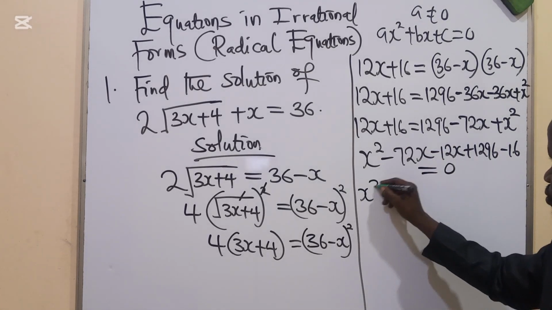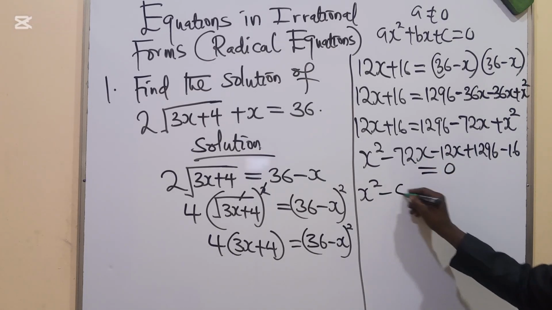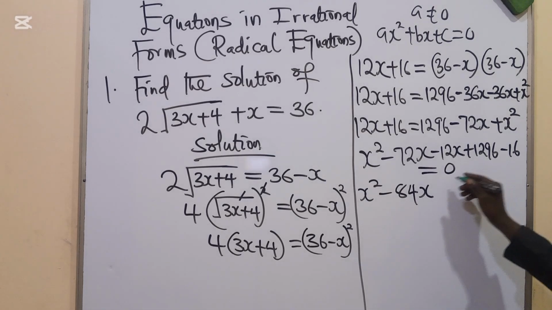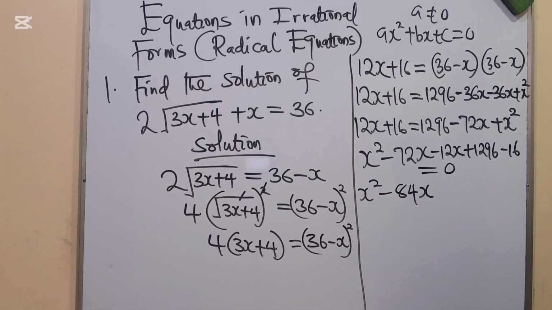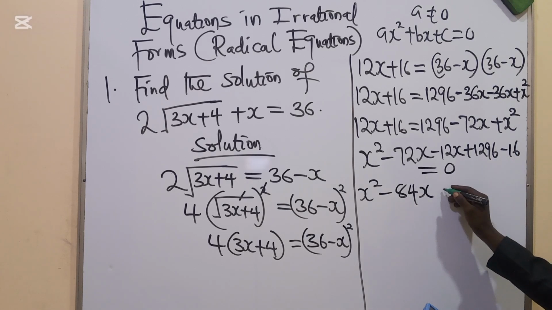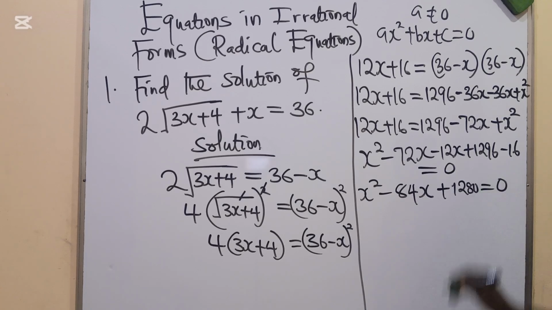This will be x squared minus 72x minus 12x, that will be minus 84x, then 1296 minus 16 will be plus 1280, equals 0.